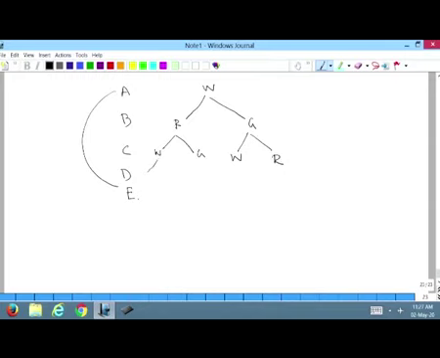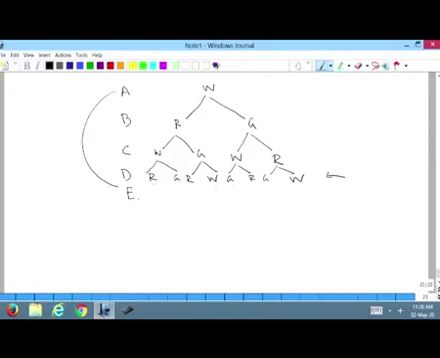Therefore, D can get red or green, red or white, green or red, green or white. Now, at this position, we have 8 different possibilities.